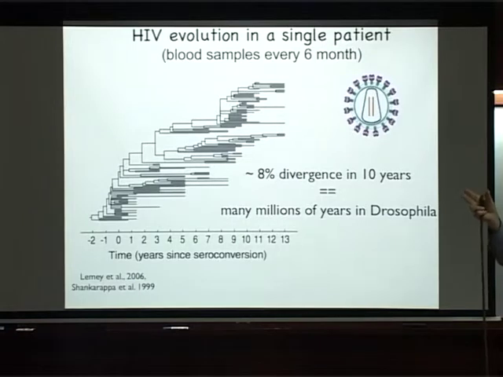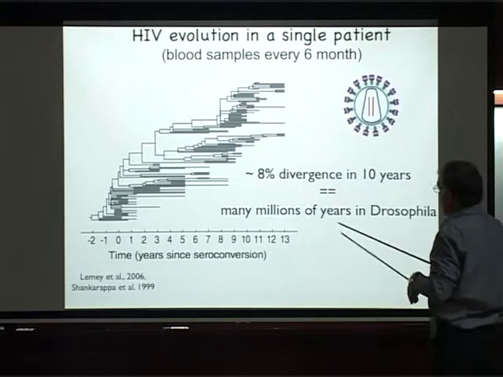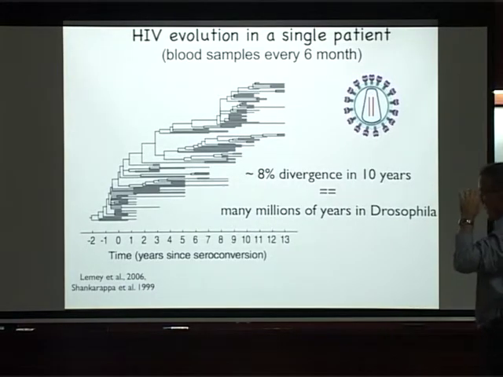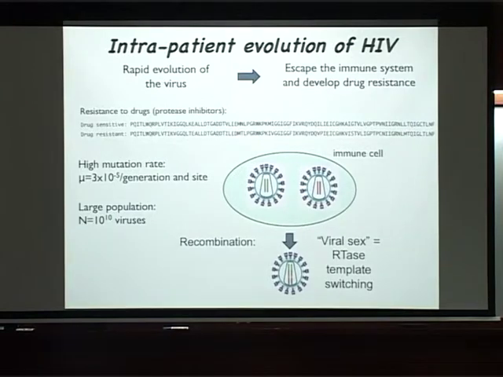So 10% of the genome got substituted for something else, right? To see that much divergence in an animal, in Drosophila, would basically take many millions of years. And so here, evolution is really just the course of the disease itself.